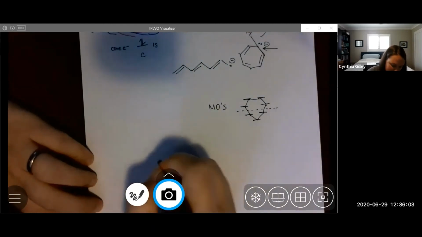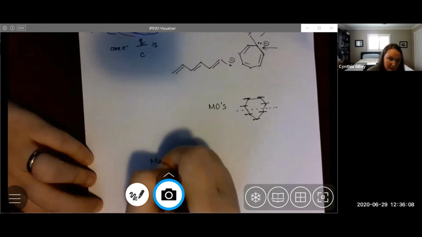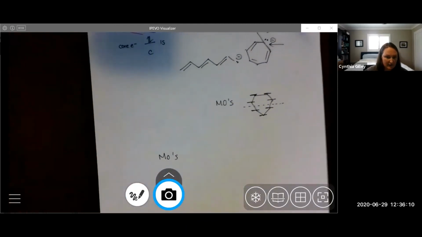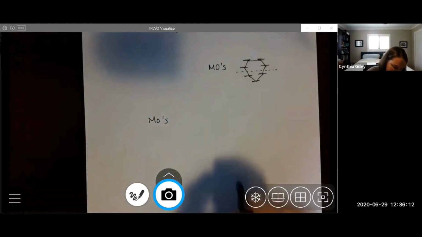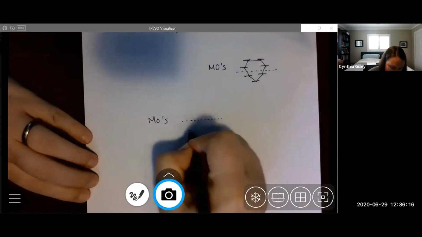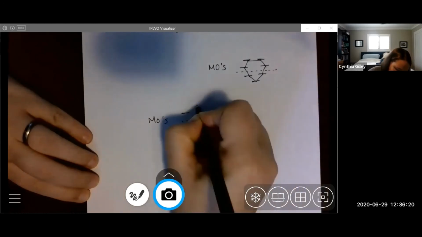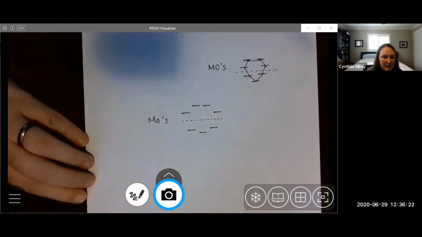So with the 7-membered ring, what do my molecular orbitals look like? Here's the even point. They look like 3 bonding molecular orbitals and 4 anti-bonding molecular orbitals.